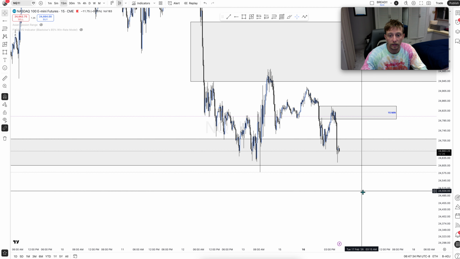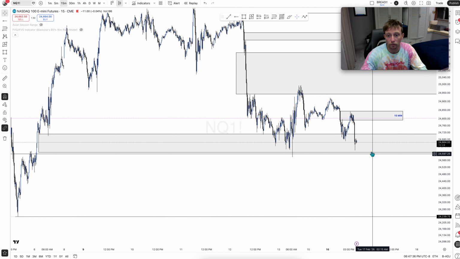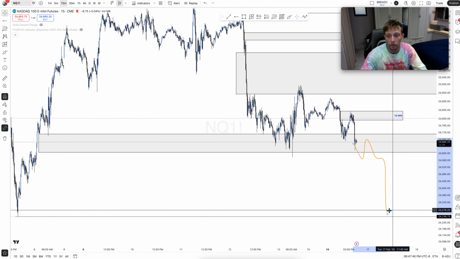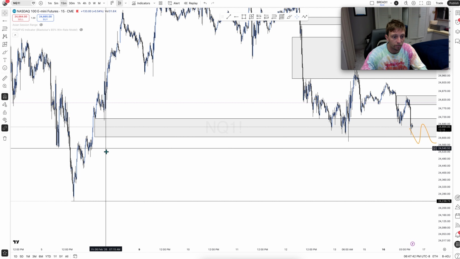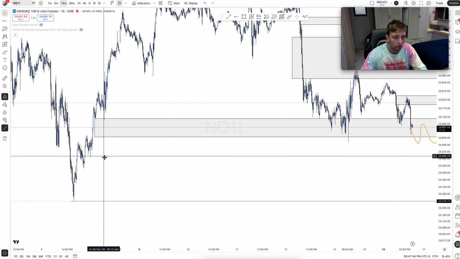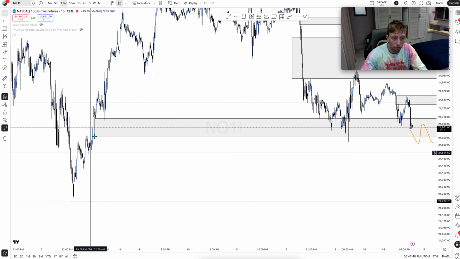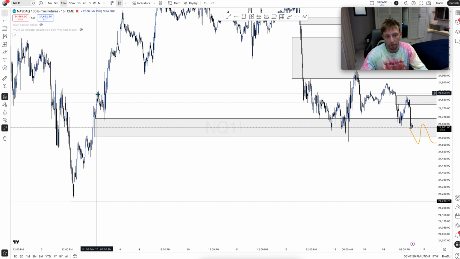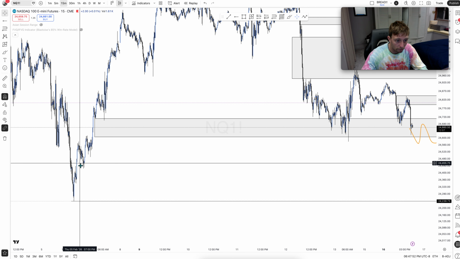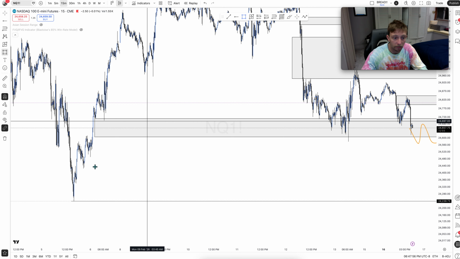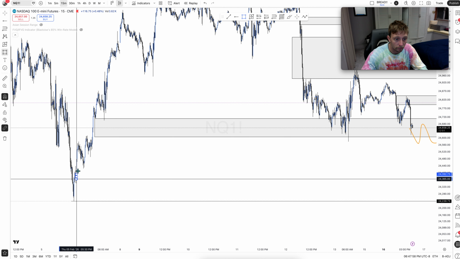Now for the downside. So, assuming that price is going to continue going lower, we have this gap, but price tapped into it twice already, continued going higher, so technically the gap is filled. We have this larger one right here that has not been filled already, right in here.